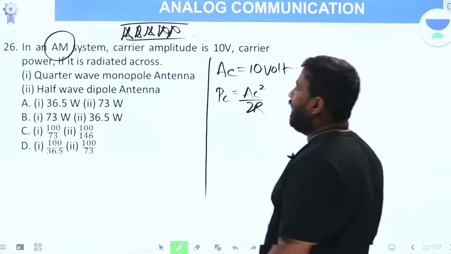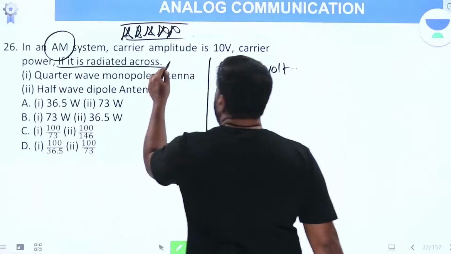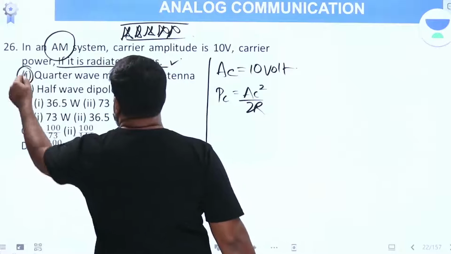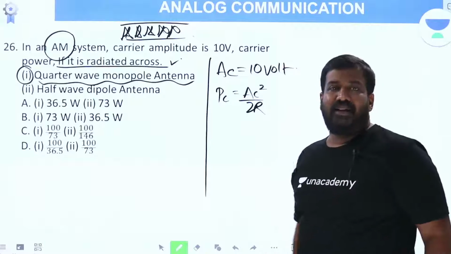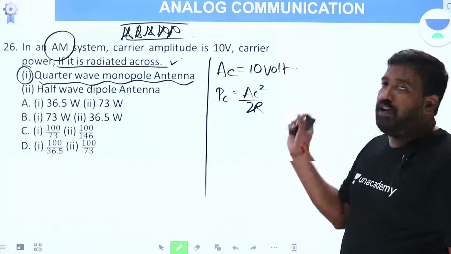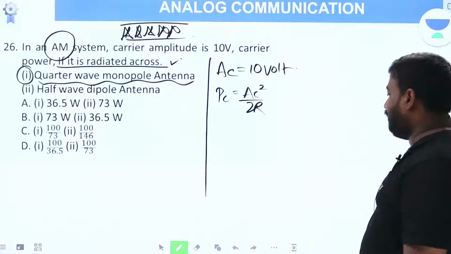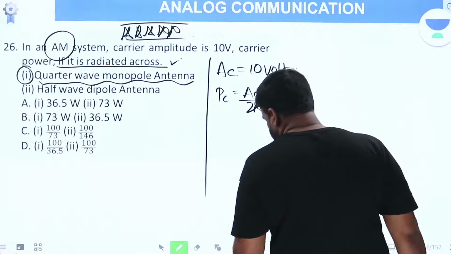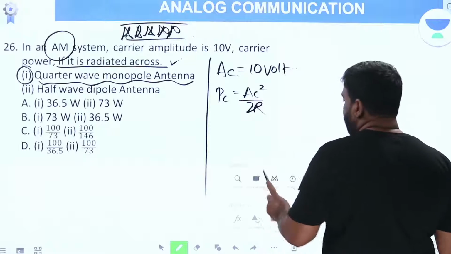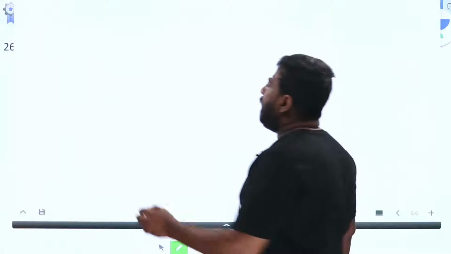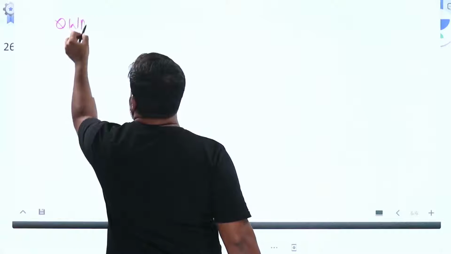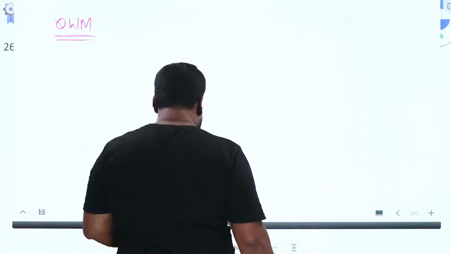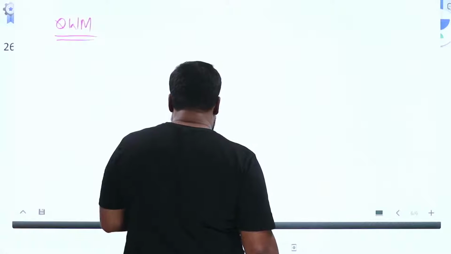Here, it asks: if it radiates across an antenna, the antenna that is used is a quarter wave monopole antenna. You should know something about the quarter wave monopole antenna; then you can attempt this. Monopole means single pole.